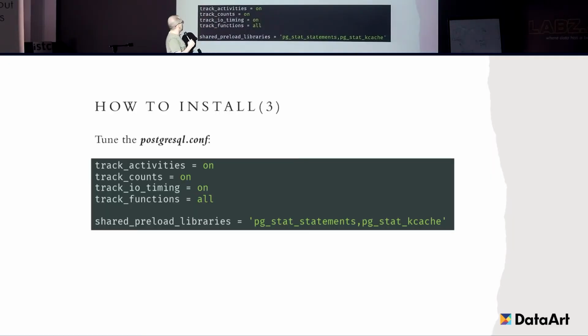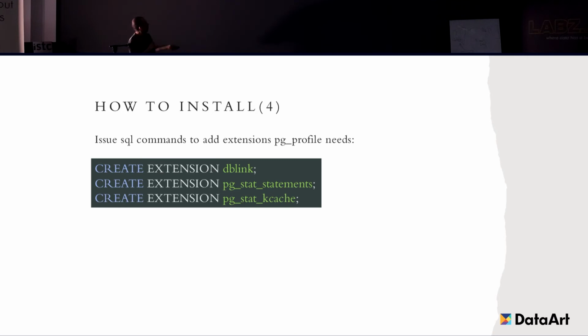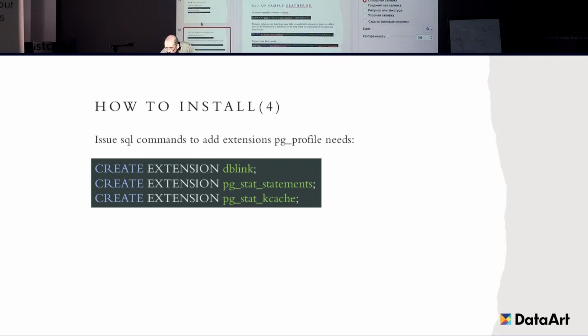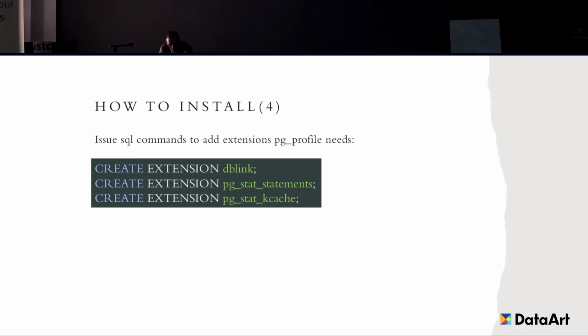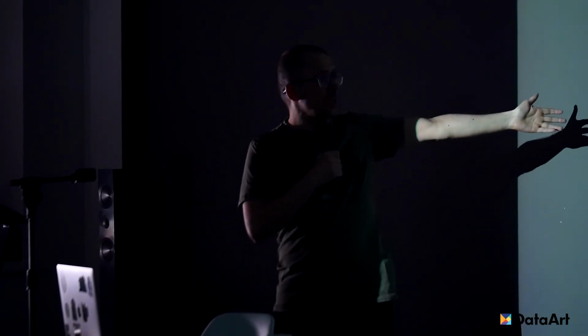Then you need to modify your Postgres config file. Then create the extensions which pg_profile will use for its work. Then install the Debian package that you created and create the extension.